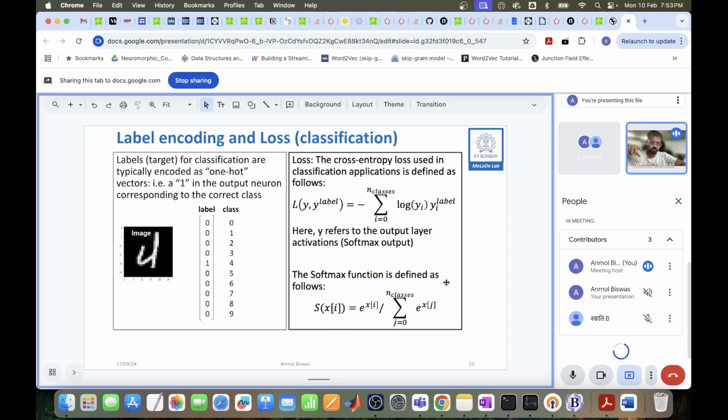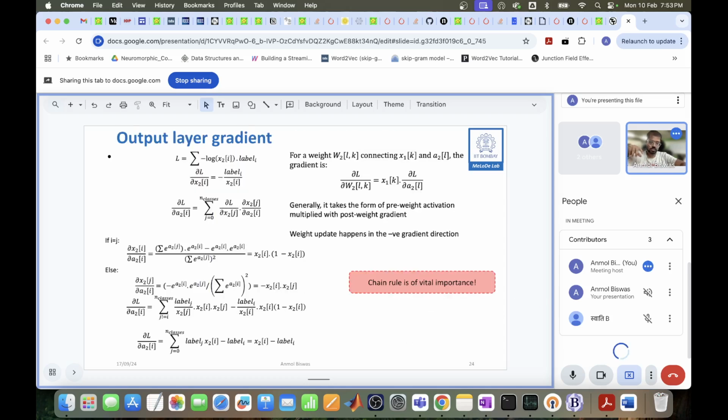Because you're adding up all of these terms over here at the bottom. No, i and j just represent the index of the neurons in the final output layer. Nothing else.